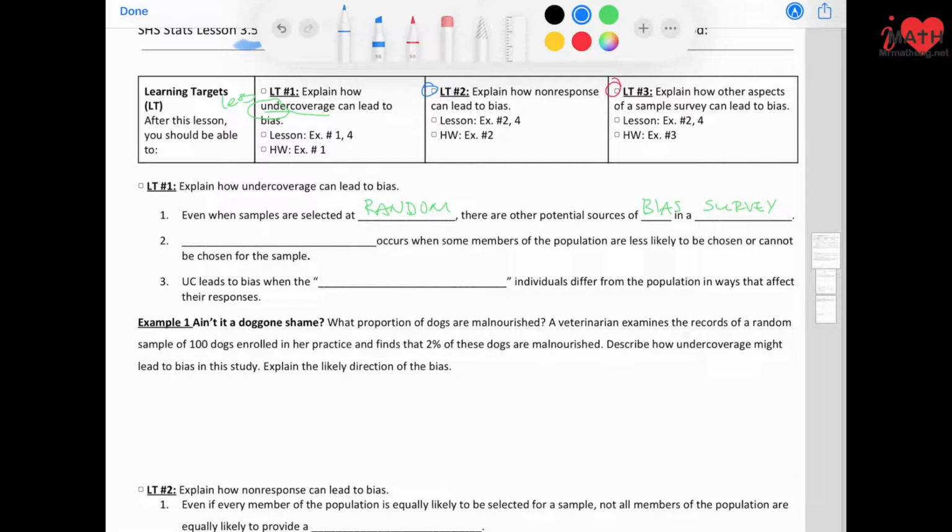Number 2, undercoverage occurs when some members of the population are less likely to be chosen or cannot be chosen for the sample. Undercoverage, UC, leads to bias when the undercovered individuals differ from the population in ways that affect their responses.